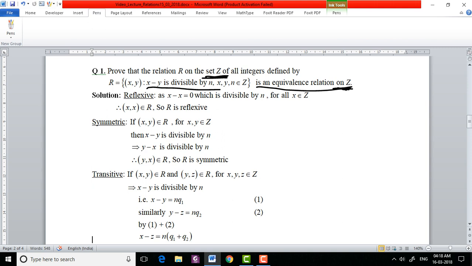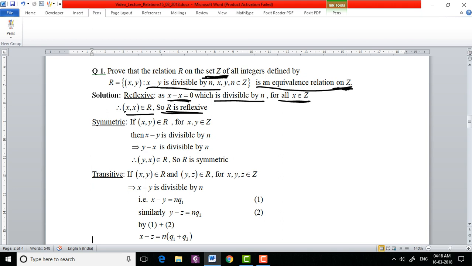As x minus x is 0, and we know that 0 is divisible by every number, it is also divisible by n for every x belonging to the set Z. Therefore (x, x) belongs to R, and so R is reflexive in nature.